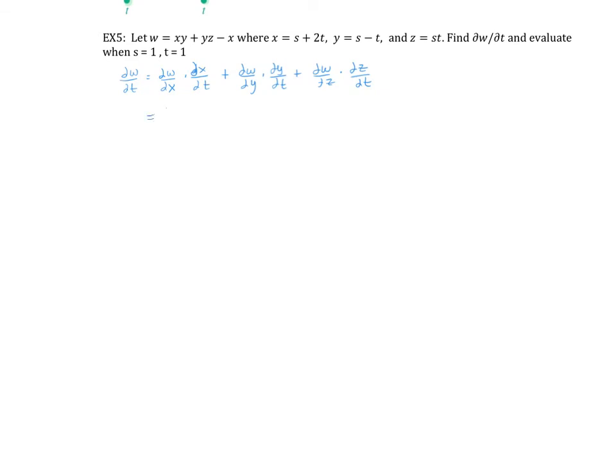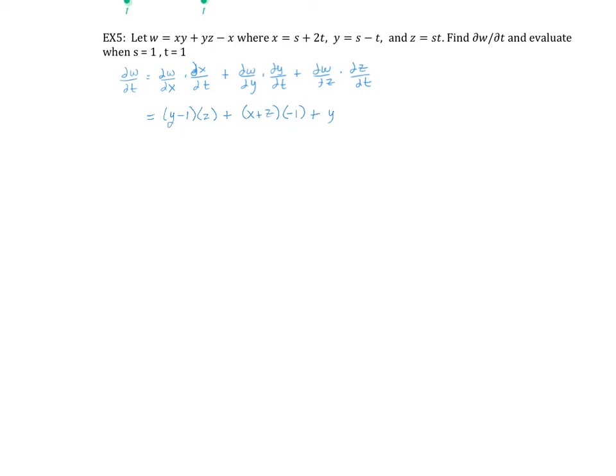And that's going to be y minus 1 times 2 plus x plus z times negative 1 plus w with respect to z, that's just y.